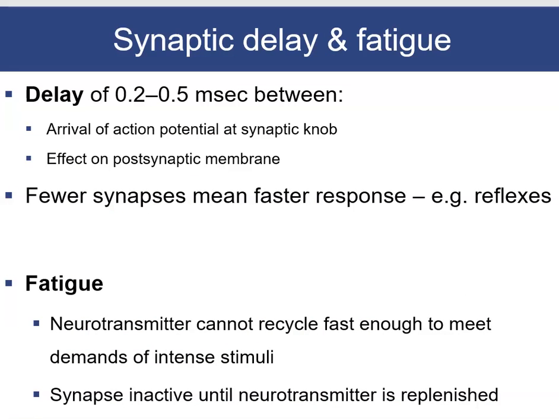Now, every time you have a synapse, there is a delay in the transmission of that information, anywhere from 0.2 to 0.5 milliseconds. This delay is between the arrival of the action potential at the synaptic knob and the effect that it will have on the postsynaptic membrane. This reflects the time for the calcium influx and the acetylcholine to be released.